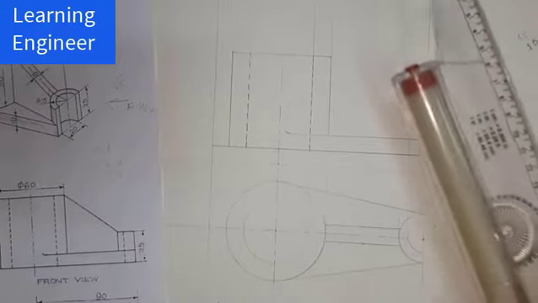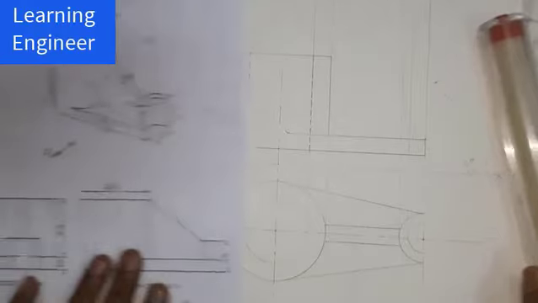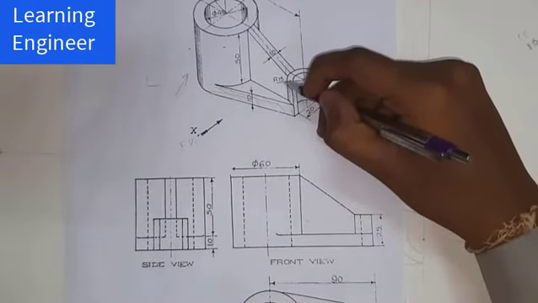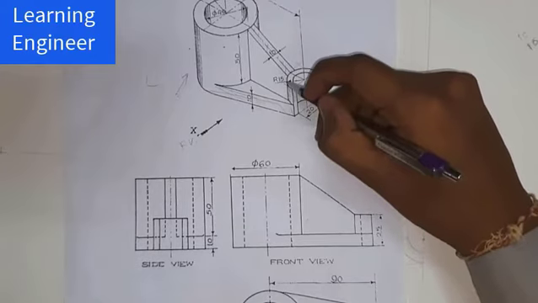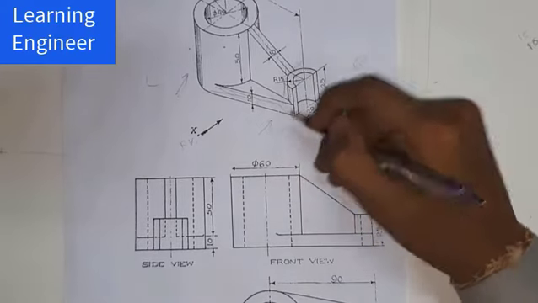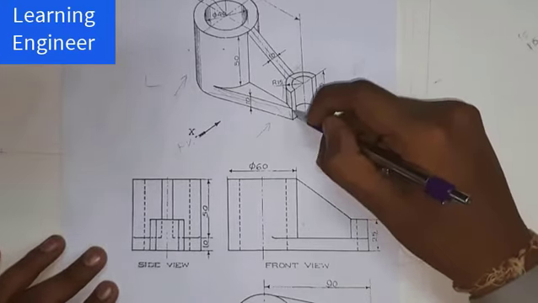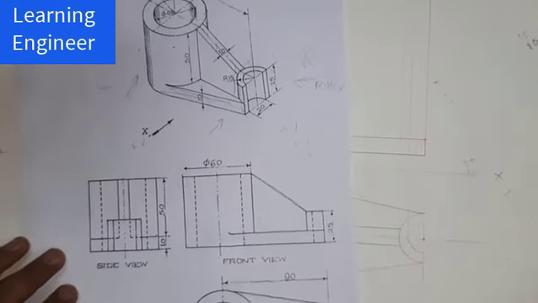Then we have taken the projection from this side also. Okay, now we'll be able to see this rectangle. Yes or no? This rectangle we are seeing for the front view. So the total height is 25. This is 10, so remaining is 15 mm.